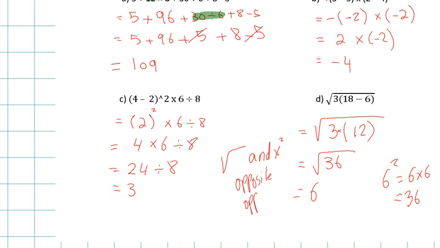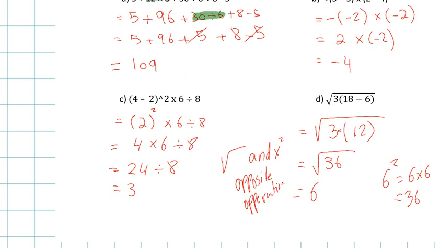So remember that the square root and the square are opposite operations, same as multiplication and division, and addition and subtraction. So there's square and square root. This one is the square root. So the square root of 36 is 6, because when I do 6 squared, which is the opposite operation, I get 36.